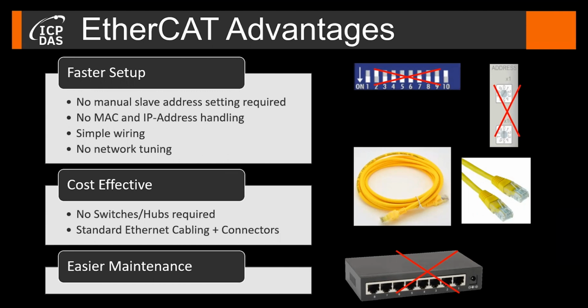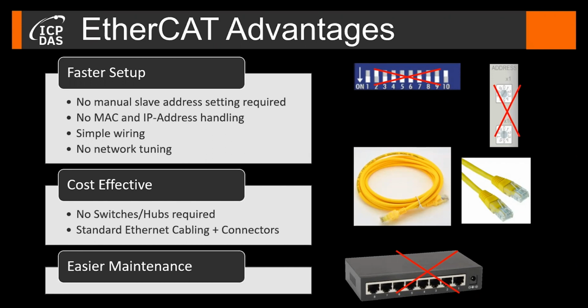No external switches are required. It uses standard Ethernet components to keep the implementation costs low, supports cable redundancy, and no network tuning is required. It's easy to maintain. Its outstanding diagnostic features simplify the maintenance and network troubleshooting.